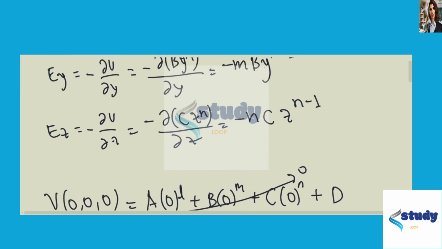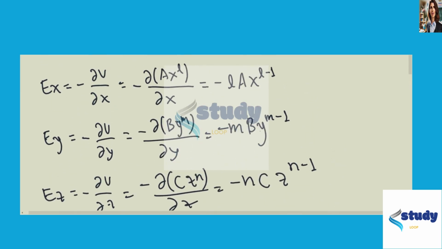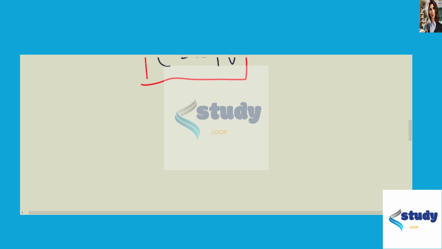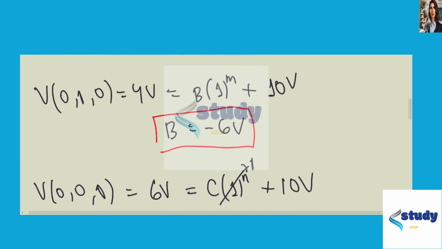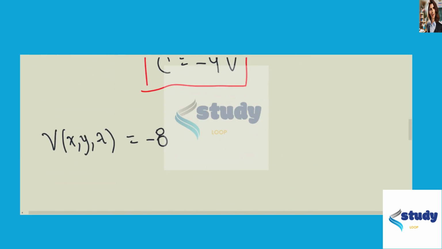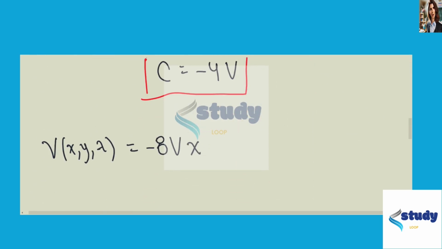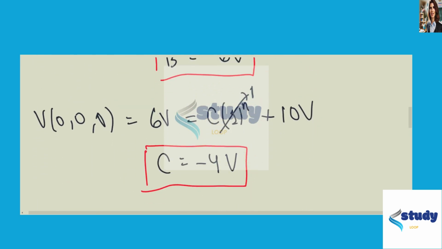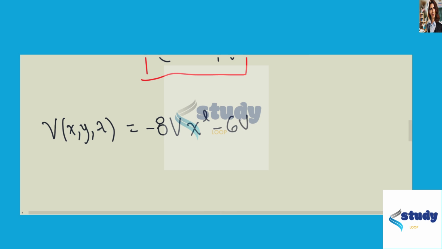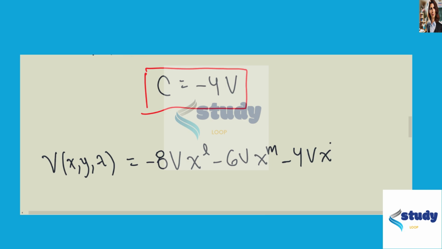And then we have obtained all these values. Now we know that the electric potential is minus 8 volts x to the L, plus B, which is minus 6 volts y to the M, and minus 4 volts z to the N, plus 10 volts.